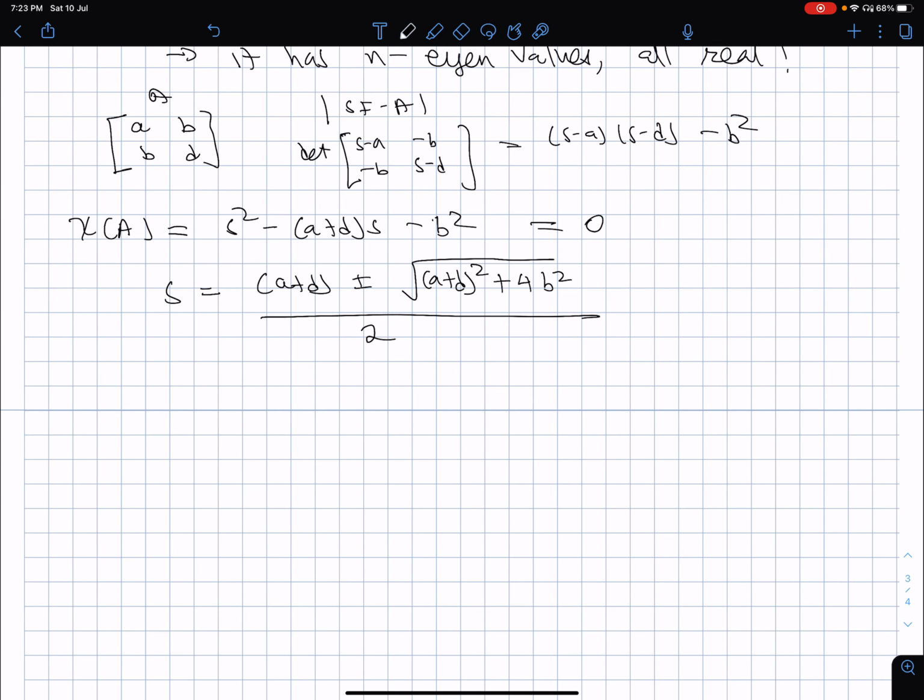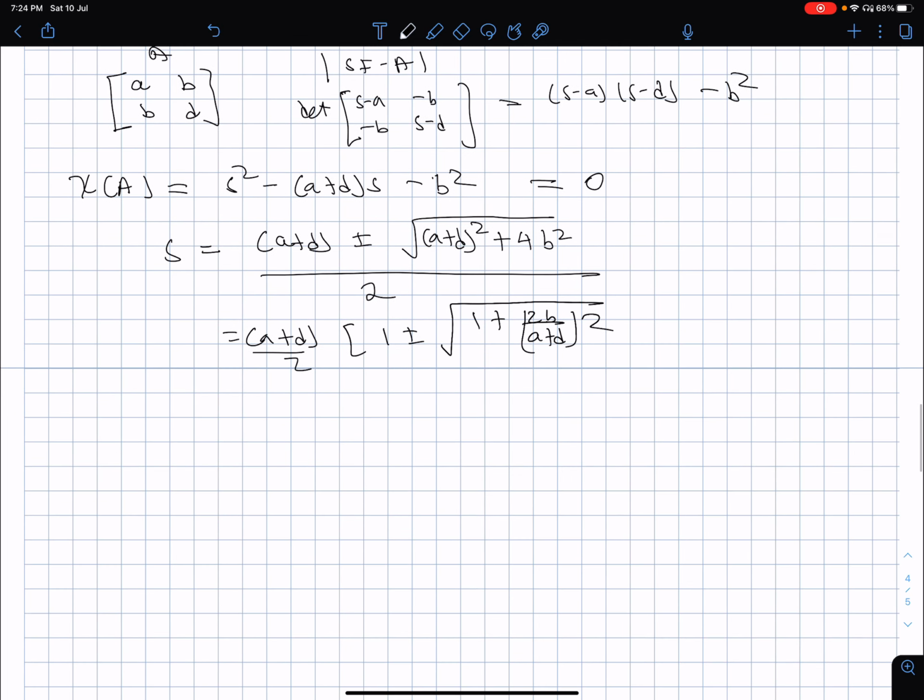So take the A plus D out common: A plus D by 2 into 1 plus minus square root of 1 plus 4B square by A plus D whole square.